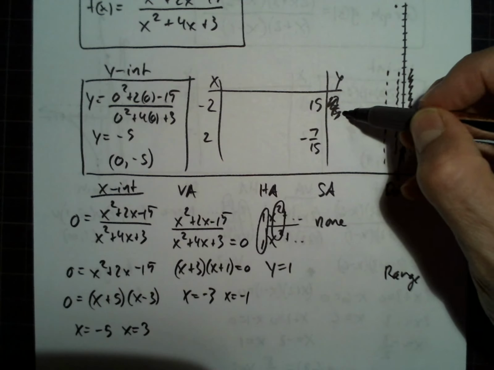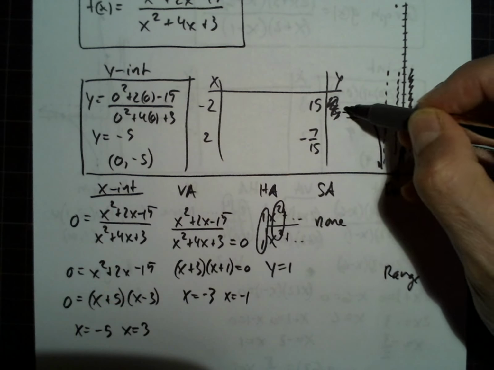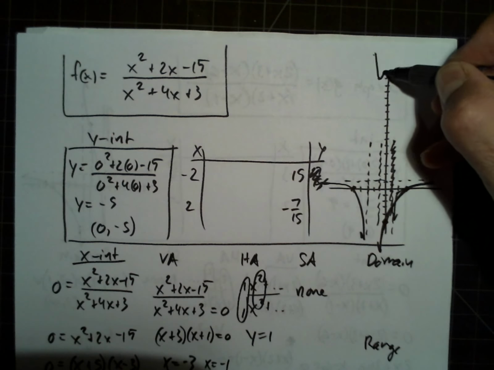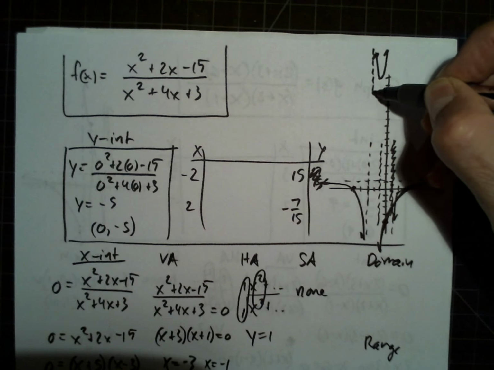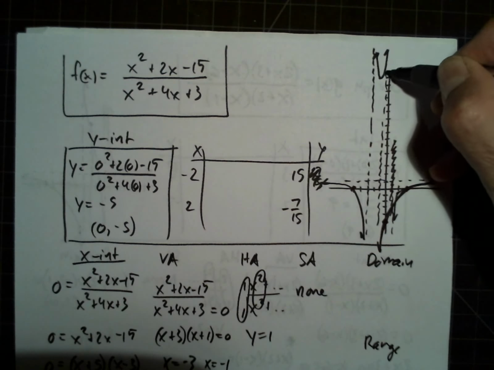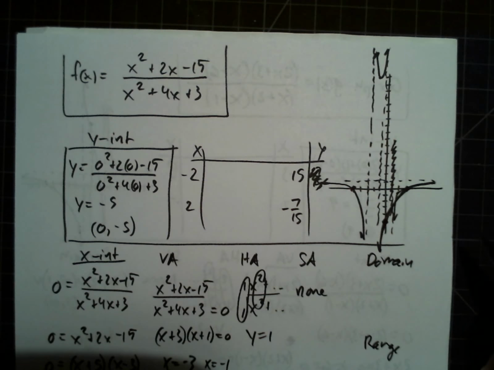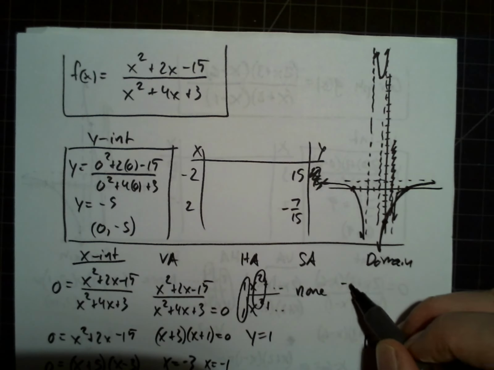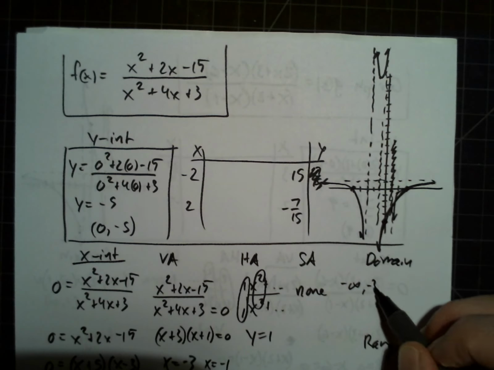The left side is going to be like this, and then the graph follows the asymptotes up there. The domain is everything except for the vertical asymptotes.